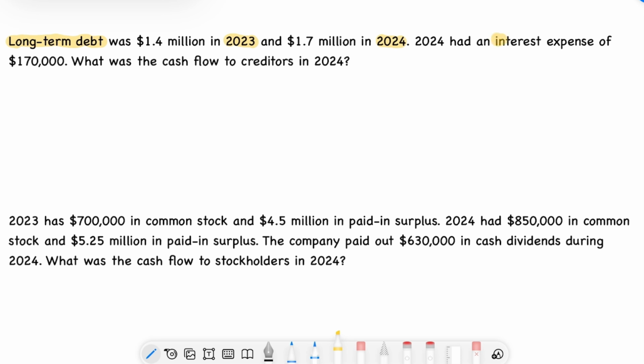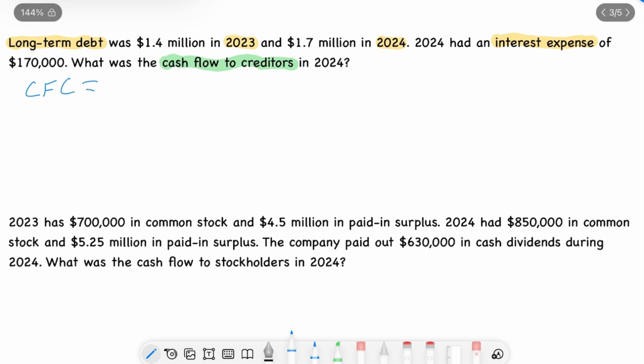We have an interest expense, and what we want to find is the cash flow to creditors. We have an equation for cash flow to creditors. We're going to call cash flow to creditors CFC.